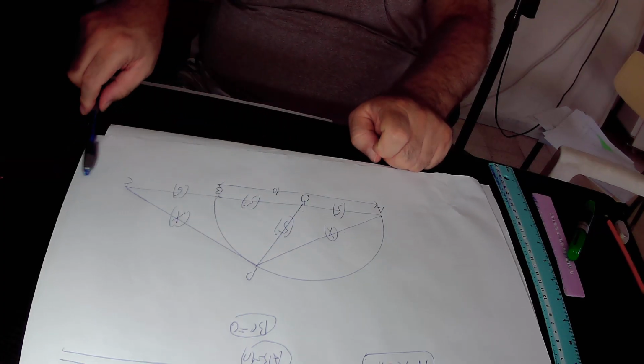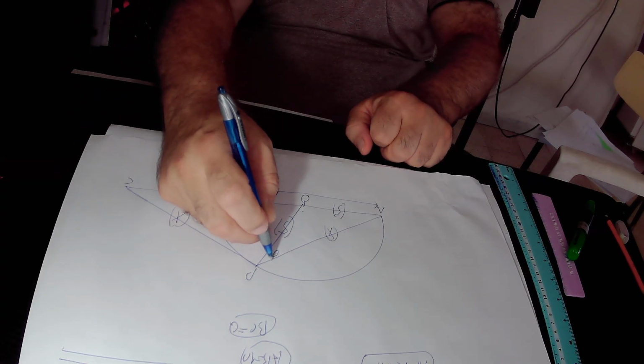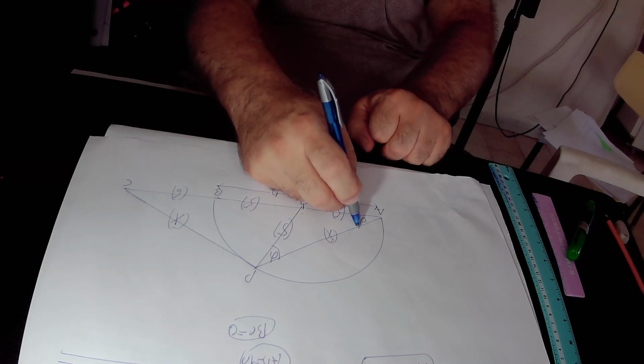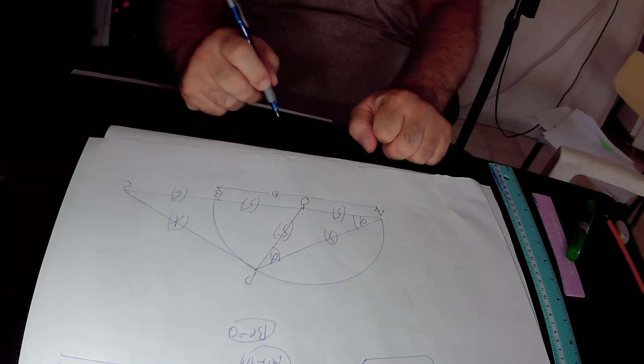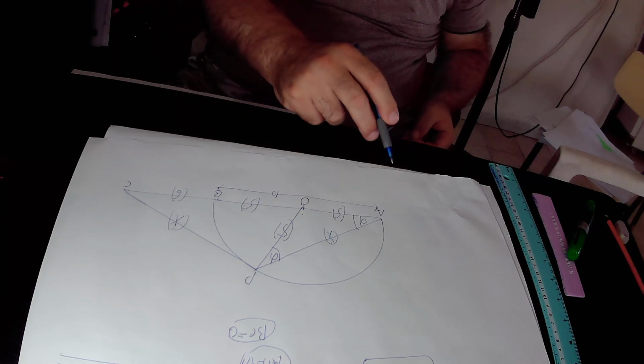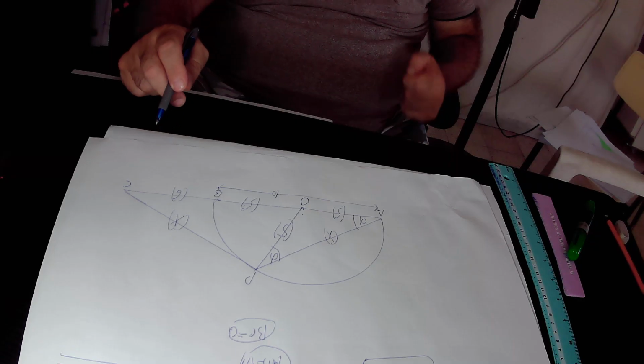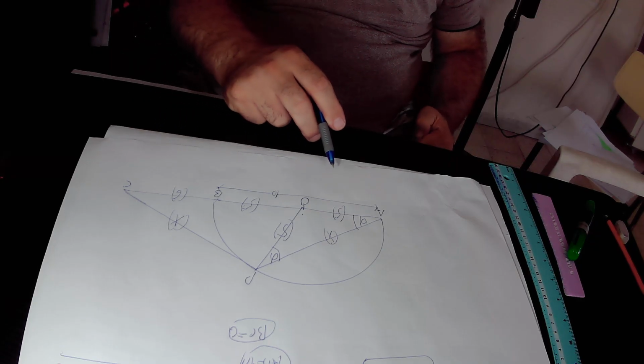So if the size of this angle is alpha, the size of this angle must also be alpha because they are equal to each other. Likewise, in the big isosceles triangle APC, why is triangle APC isosceles?